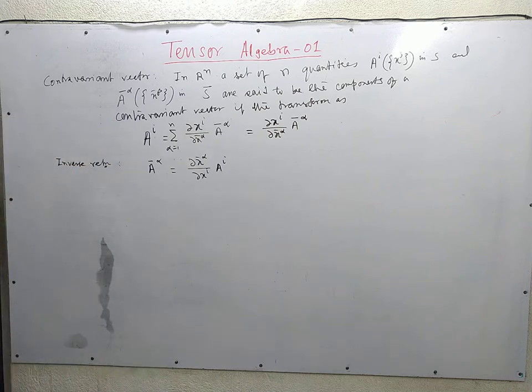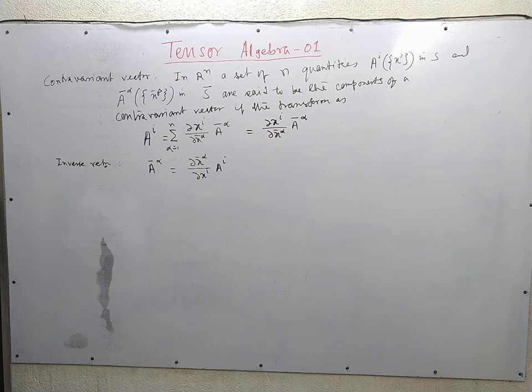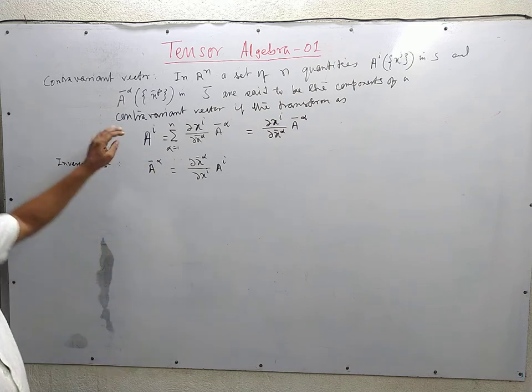If a set of quantities a and a bar transform following this relation, then they are said to be the components of a contravariant vector. If we are dealing with three-dimensional space, then there are three such components.